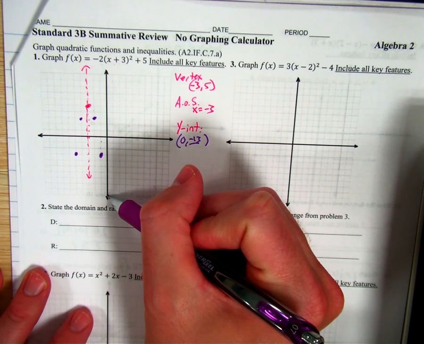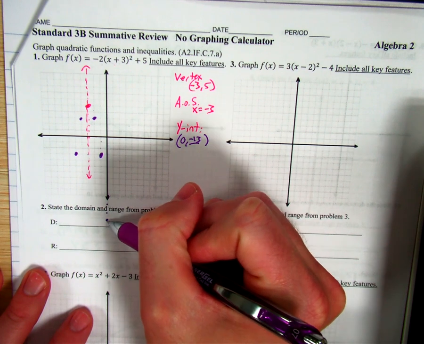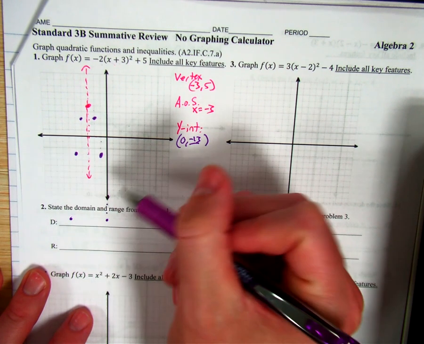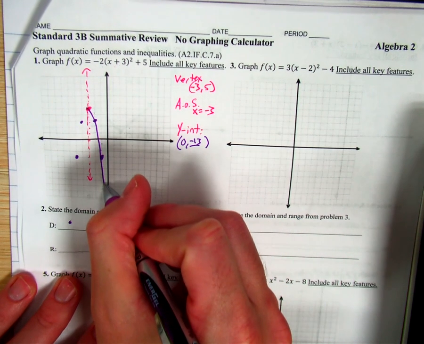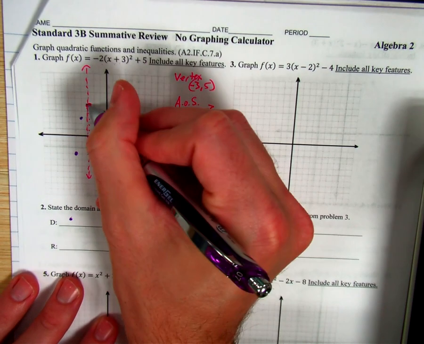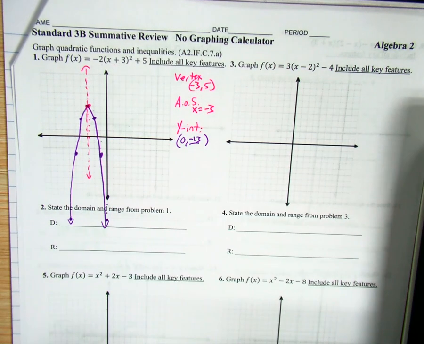This is negative 10, 11, 12, 13. Try to do the best you can. Okay, and I'll do the best I can to make sure that these fit on the graph for the test. But you might have an oh no moment, and you're going to have to do the best you can.